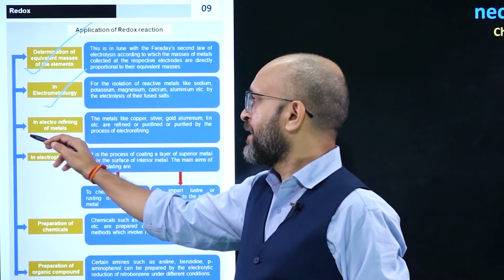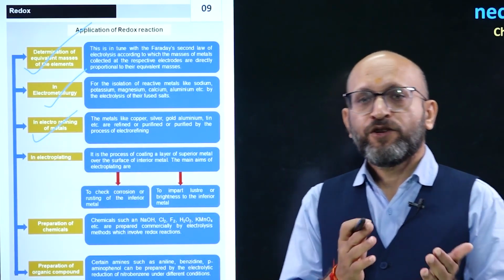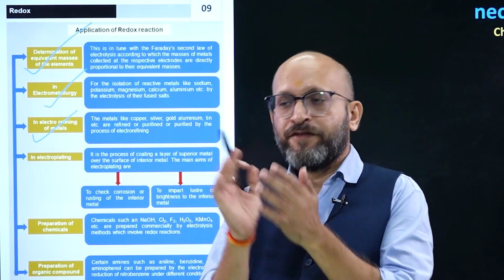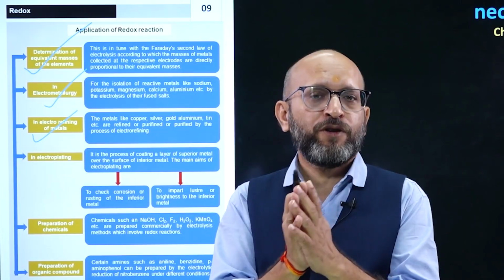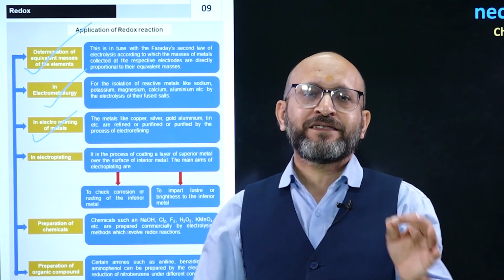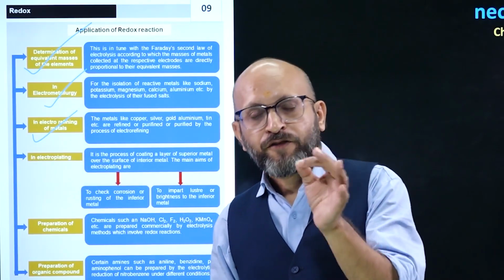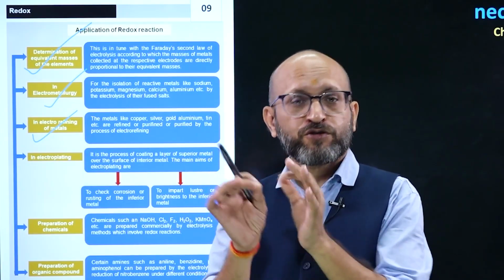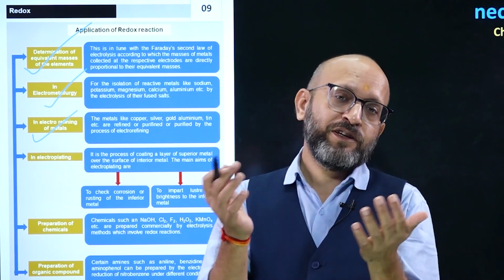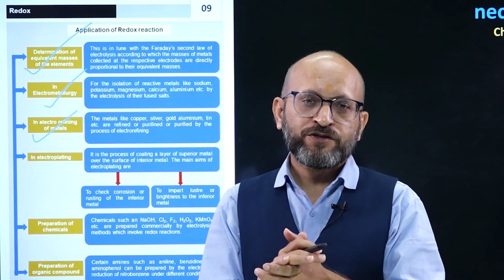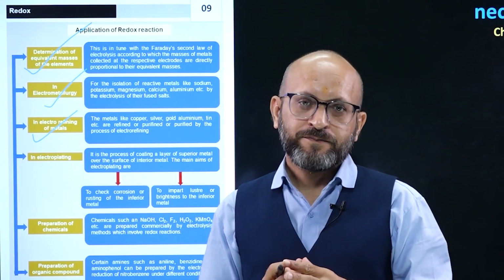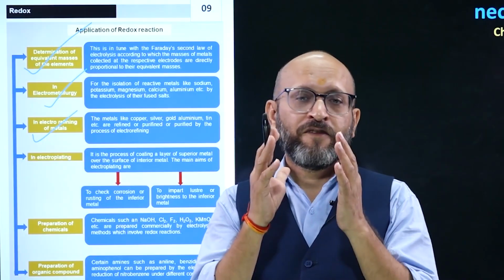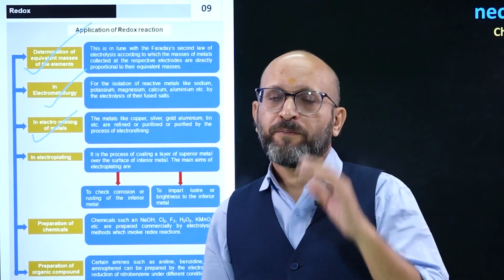And electrorefining is again a process during the metallurgy of a metal, where we get the metal along with impurities, and we separate the impurities and get the pure metal by electrolysis of that impure solution of the metal. And again we make use of redox reactions and the electrolytic process, which is one of the methods that gives us a very high percentage of purity of the metal.